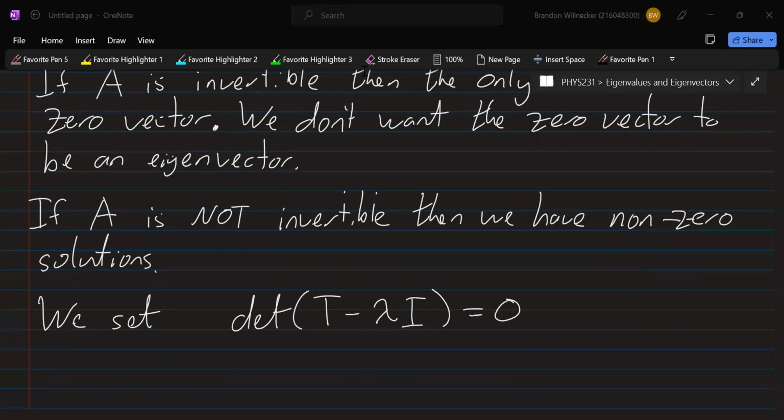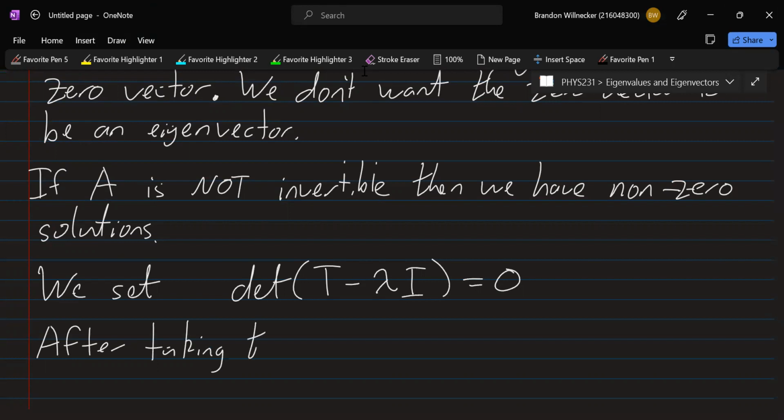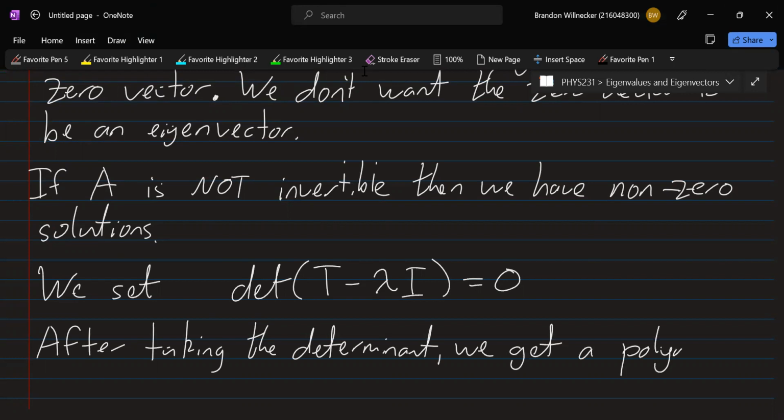And then this gives us a polynomial after taking the determinant, which we call the characteristic polynomial.